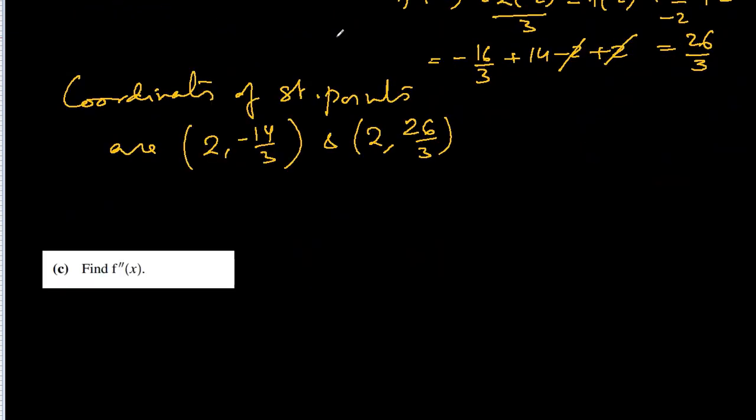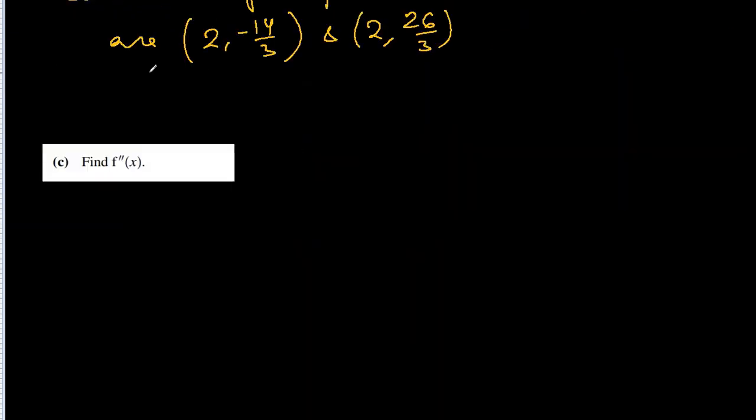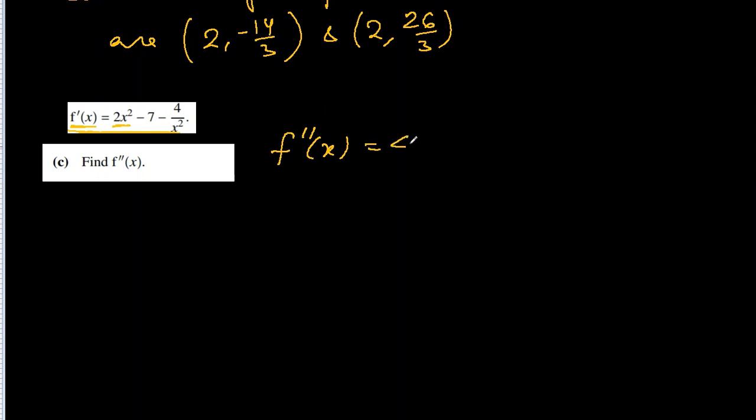Move on to part C. It says find the second derivative. So let's have the first derivative with us and we can get the second derivative from it. So the second derivative will be the derivative of this particular function. The derivative of 2x squared is 4x. The derivative of minus 7 is 0.